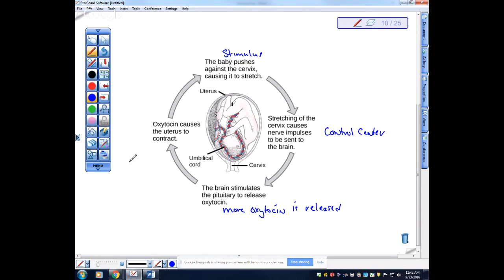And this causes harder contractions, or contractions become more frequent and stronger. Right? So this actually increases the stimulus so that the baby pushes harder against the cervix.